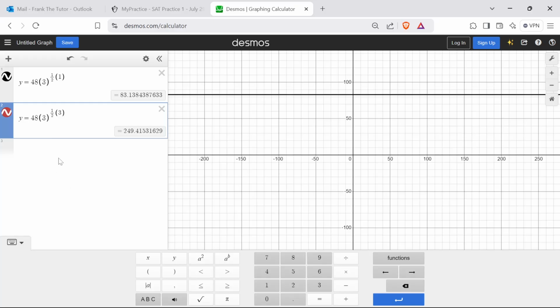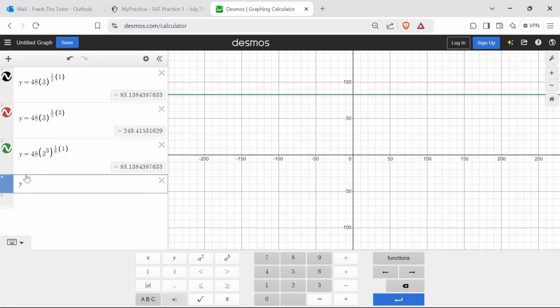Y equals 48 times 3 raised to the third power raised to the 1/6, and I'll try x is 1 to start with, times 1, and that comes out to 83.1, whatever. And then I'm going to do y equals 48 times 3 cubed, raised to the 1/6 power.